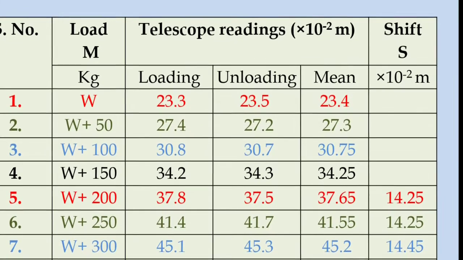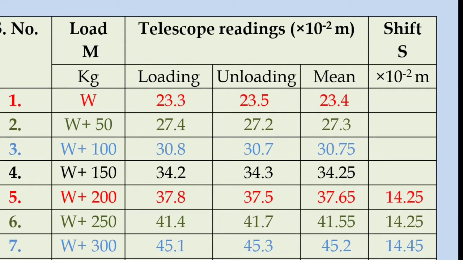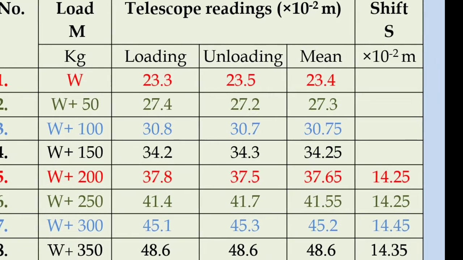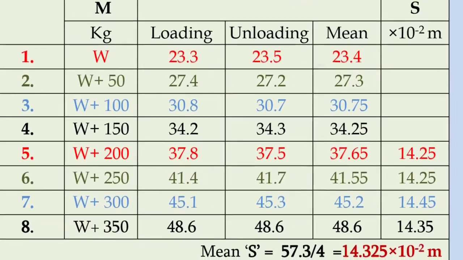For the next set, the shift for 200 grams, the readings are W plus 250 and W plus 50. So 41.55 is subtracted from 27.3, which is highlighted in green color, and the corresponding shift is 14.25.